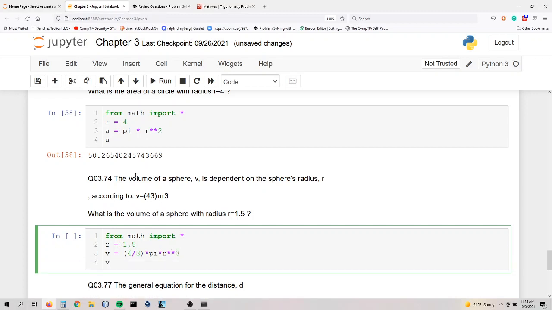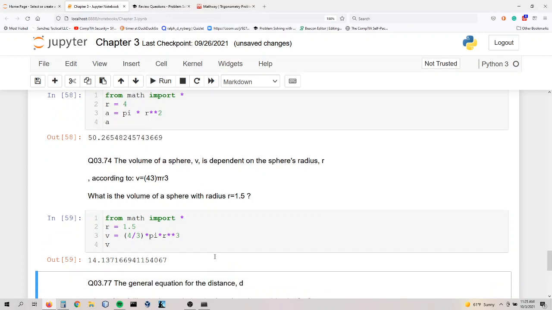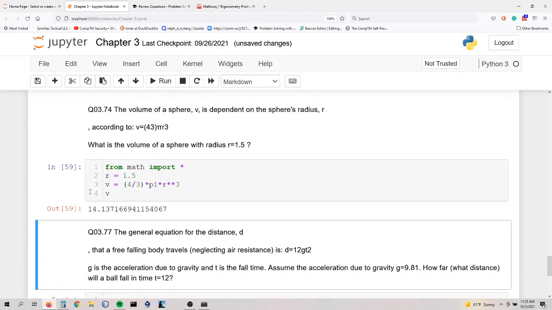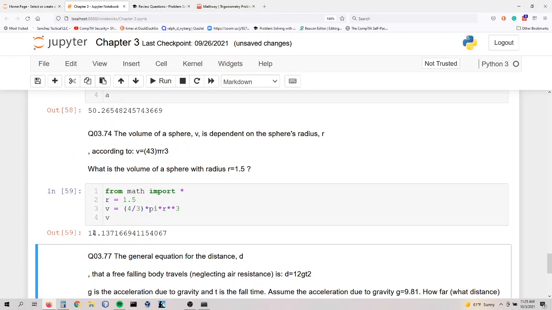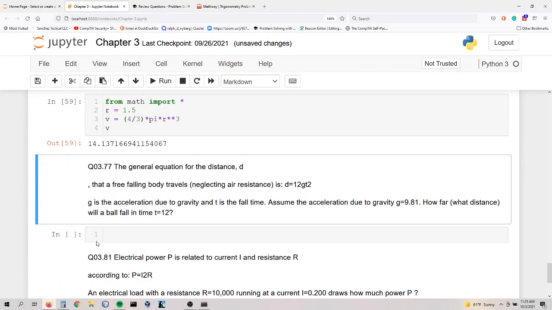And let's go ahead and give us the V value, the volume. So the volume would roughly be 14. Did they tell us what our units were? They didn't again, right? Cubic units, you know. Whatever the units are. So, alright.